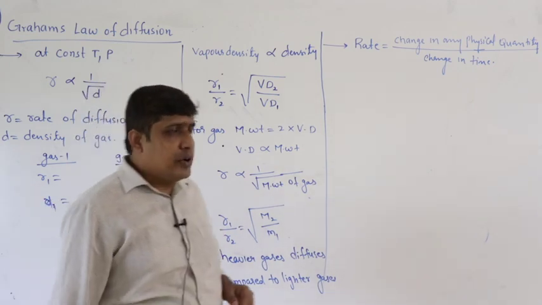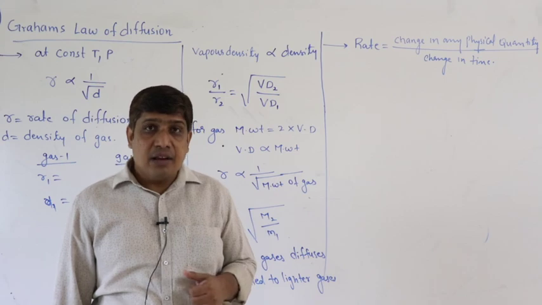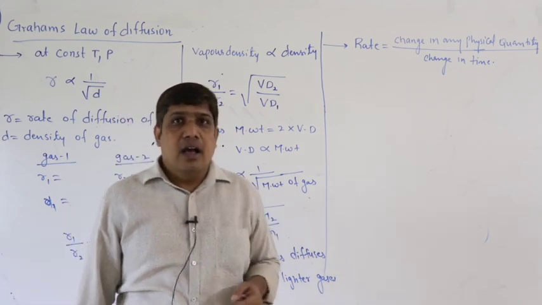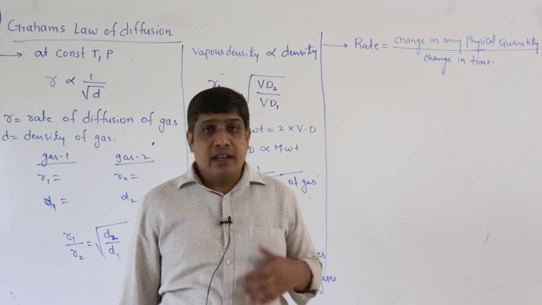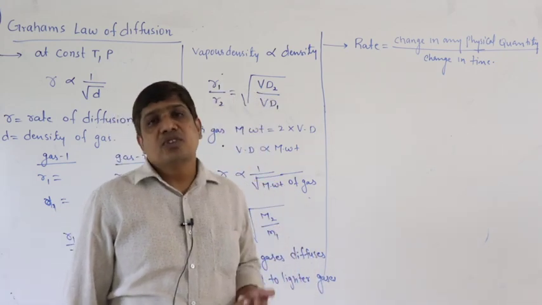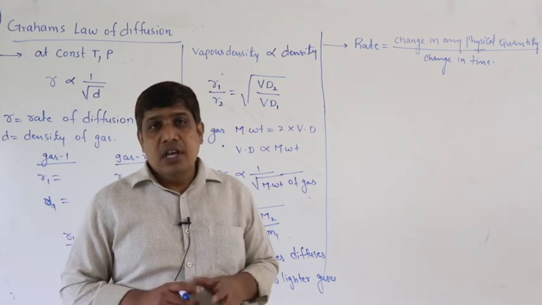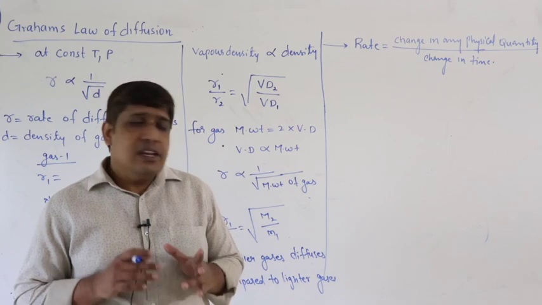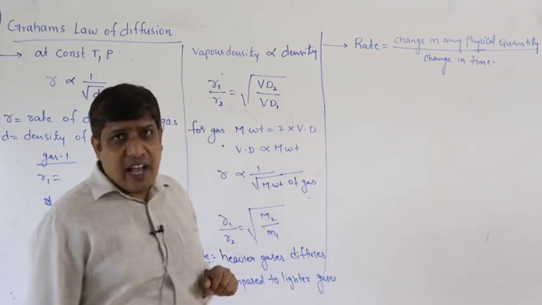What physical quantities can you measure directly? I can measure mass, distance, volume, pressure, and the amount, number of moles of gas, directly. All these are physical quantities. If you measure change in any of these with respect to time, we call it rate.